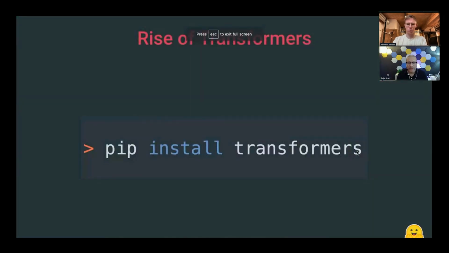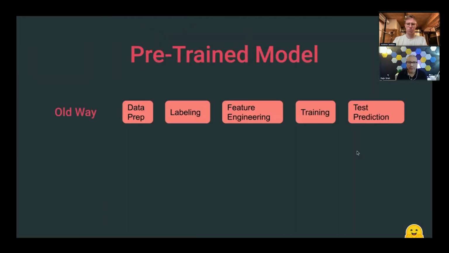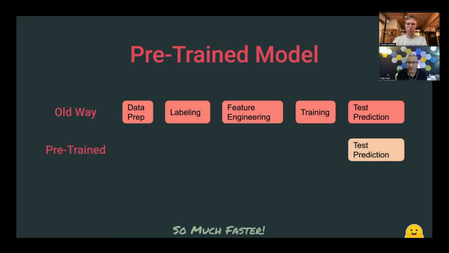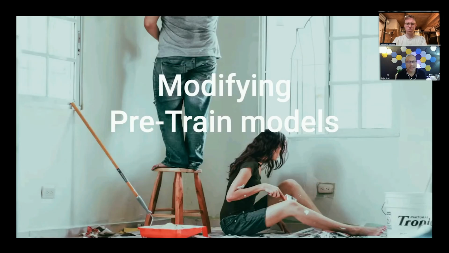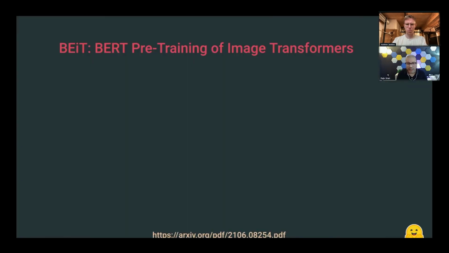So let's go back to our pre-trained models that I showed you. What I like about them is that off the shelf, you can grab them very fast to get a prediction. But sometimes you might need to modify them, right? Everything off the street doesn't work for us. So let's talk about that. One of the things I like is Indian food.